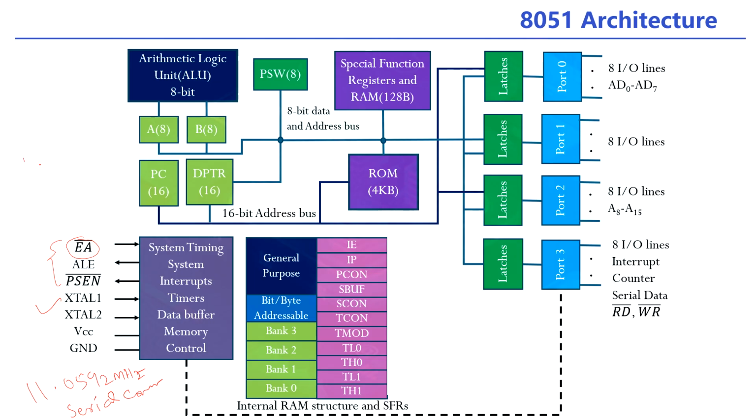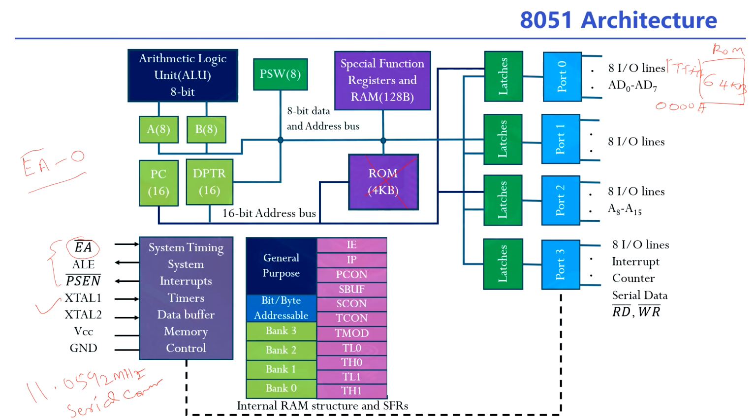So if EA bar is equal to 0, that means the 8051 microcontroller is not using internal program memory. It is completely using external 64 kilobytes of memory, that is ranging from 0000H to FFFFH. External program memory only, external ROM only.